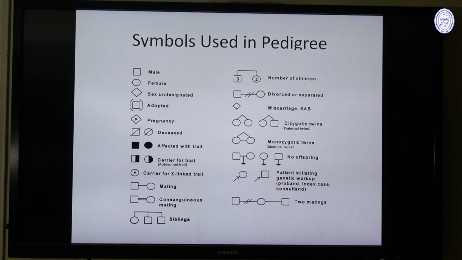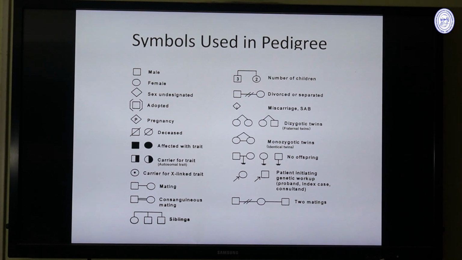These are the symbols for dizygotic twins, means these children started their early life from 2 different zygotes, means they have separate eggs and separate sperm fertilized and then their life has started. So, they are non-identical twins.